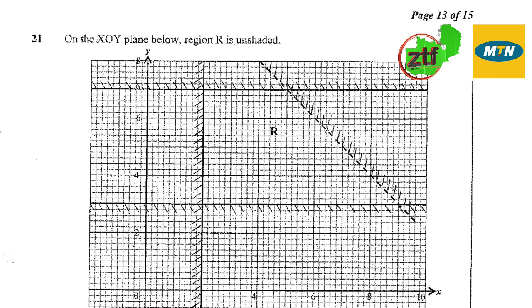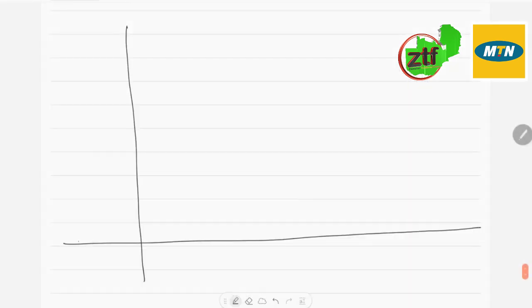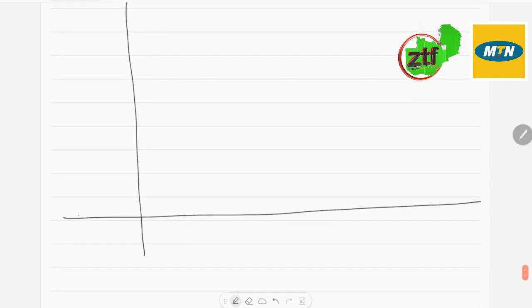Let me just sketch this Cartesian plane so that we understand exactly what I'm talking about. So we have the y-axis and our x-axis like that. We have values 1, 2, 3, 4, 5, 6, 7, 8, 9, 10 on the x-axis.